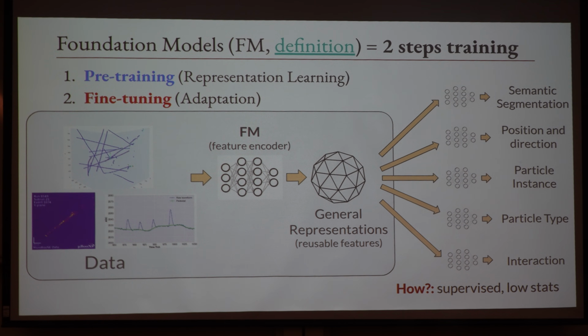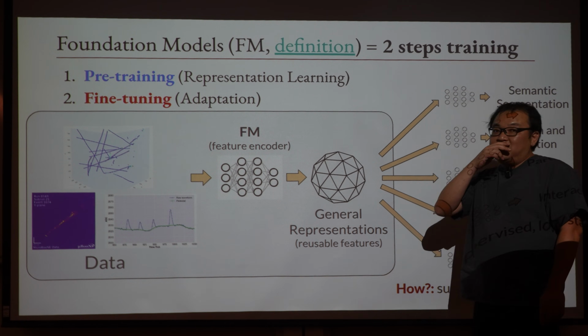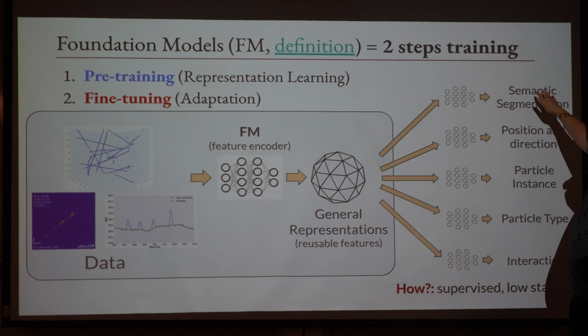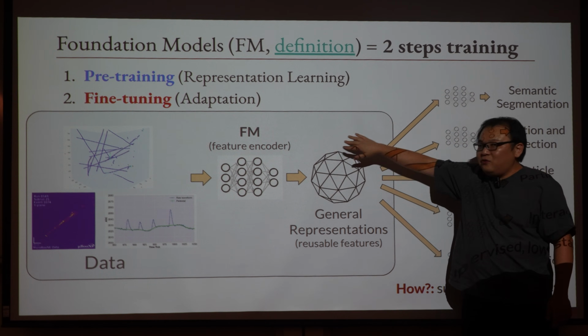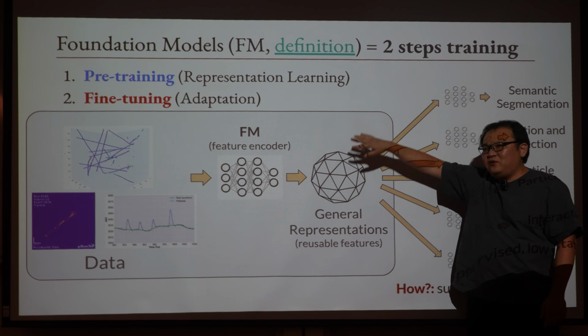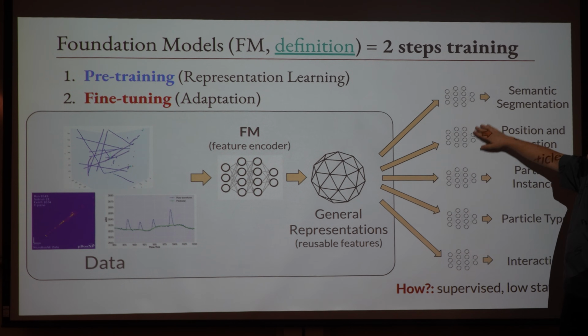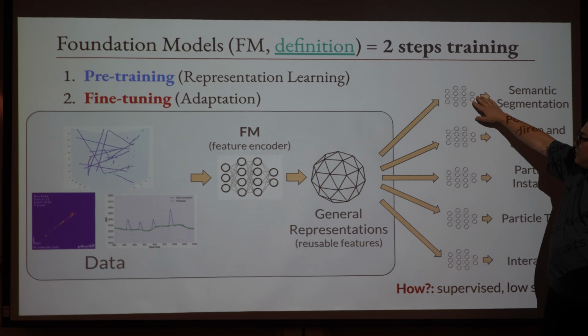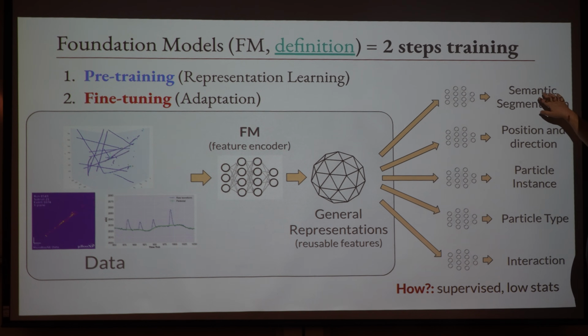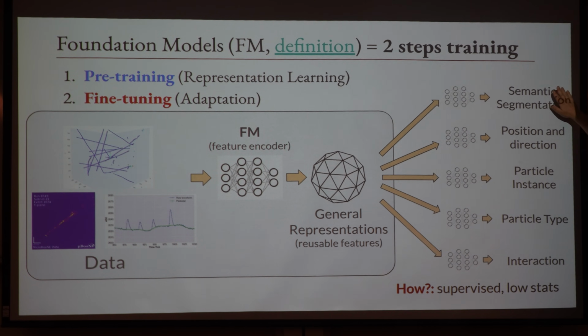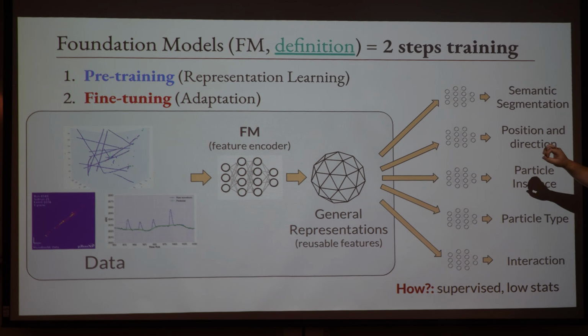But that's it. Once you have the pre-training done, the second training stage is fine-tuning. So this is adaptation. Take this general reusable representation, which should include as much information, if not all information, from the input data, such that you can now train a small neural network, or it doesn't have to be a neural network, it's up to you, to do specific tasks, like track-shower separation, semantic segmentation, maybe position and direction reconstruction for particles, identifying the pixels that belong to individual particles, so the particle track reconstruction.